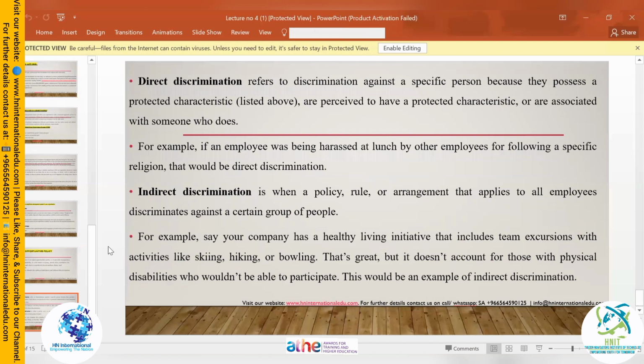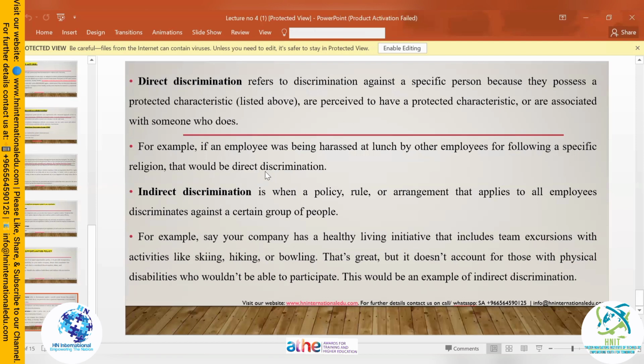So there are two types of discrimination. That is direct discrimination, which refers to treating a person unfavorably because they possess protected characteristics listed above, are perceived to have a protected characteristic, or are associated with someone who does. For example, if an employee was being harassed at lunch by other employees for following a specific religion, that would be direct discrimination.